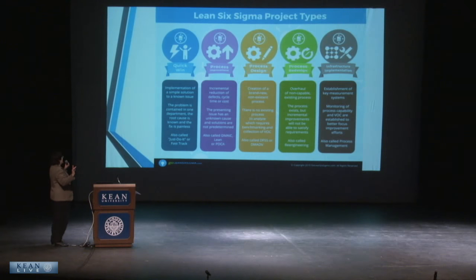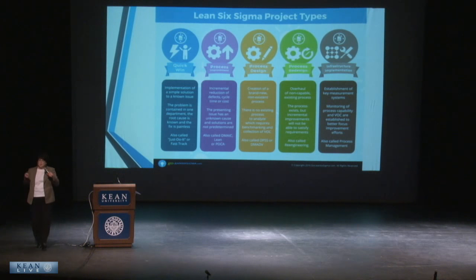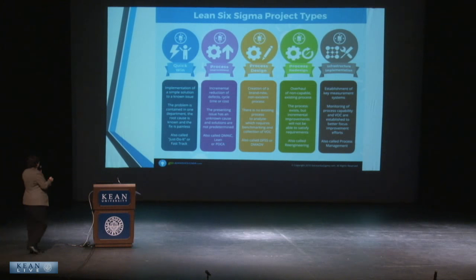So, high level. Here are some types of Lean Six Sigma projects. Quick wins, right here. That's pretty much a simple problem you're having with the process. You identify it and you move forward. Process improvement.